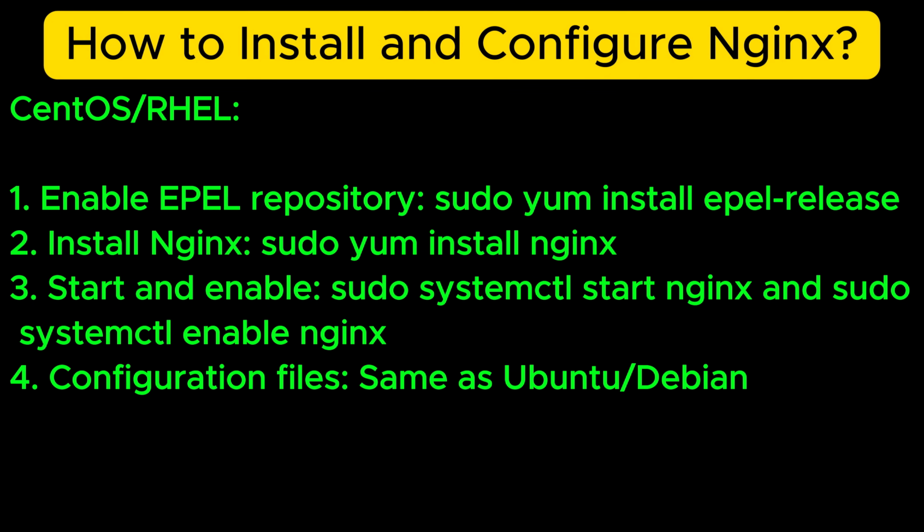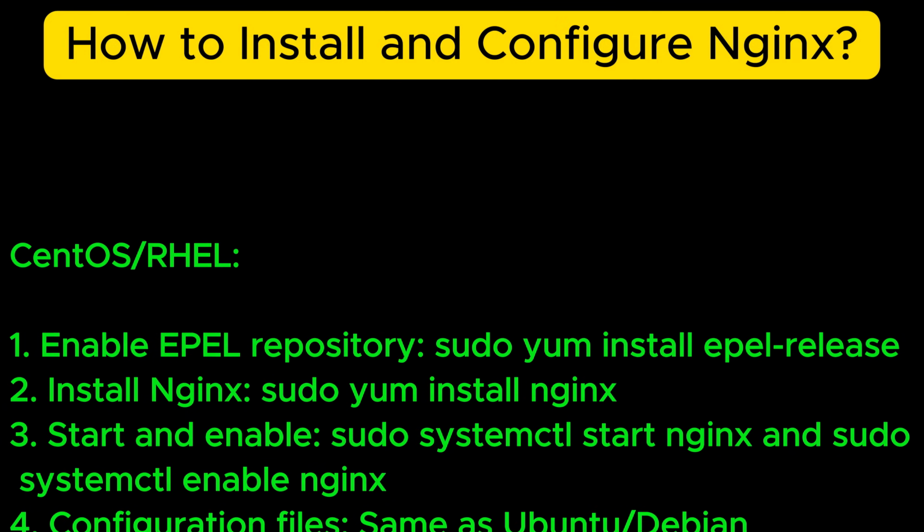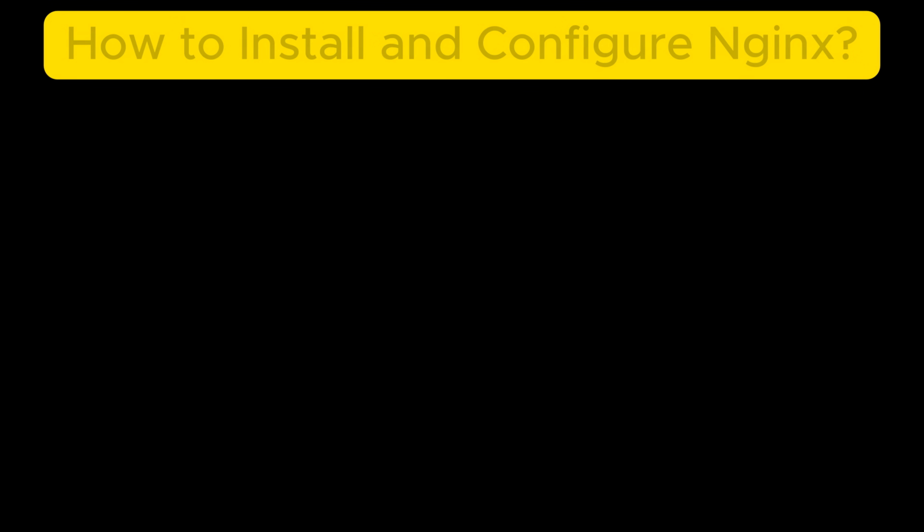Then you can run sudo yum install nginx, and then again run the command systemctl start nginx and sudo systemctl enable nginx. Then you can just open localhost in your browser and you will be able to see Nginx running. Again, you will find the configuration file on Red Hat Linux.